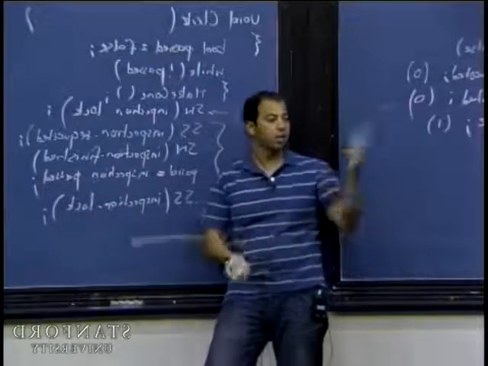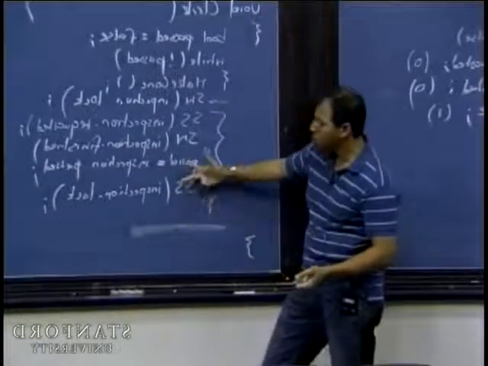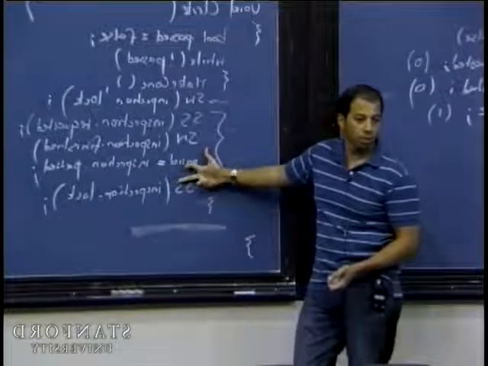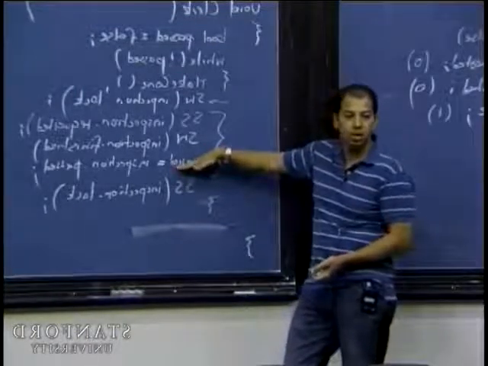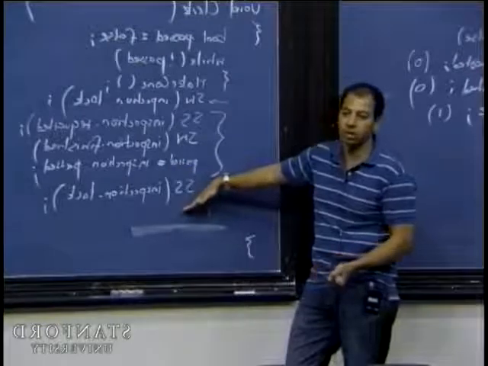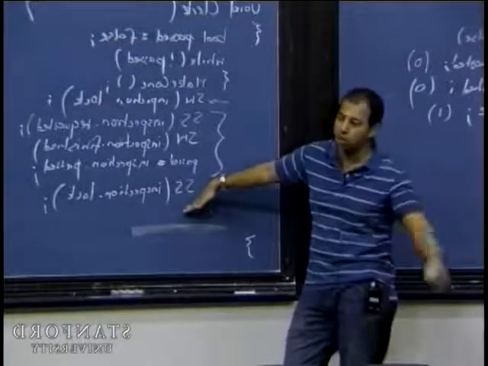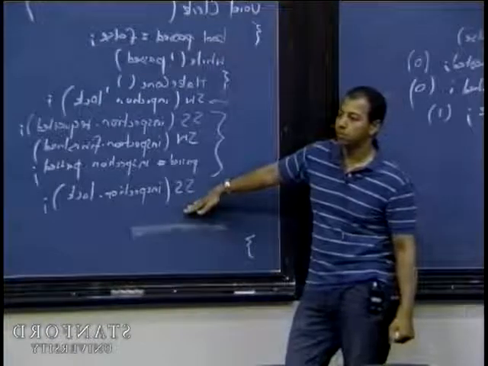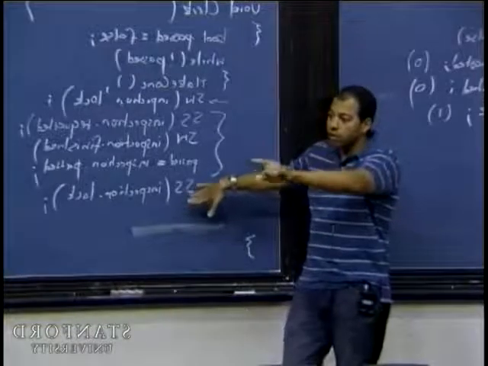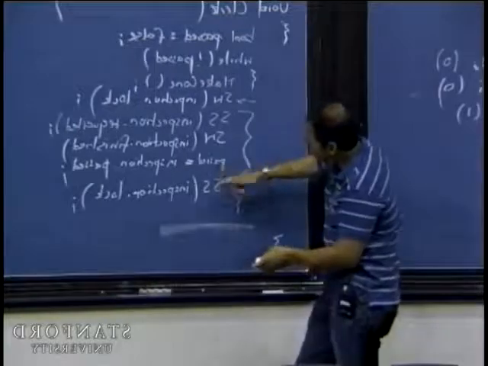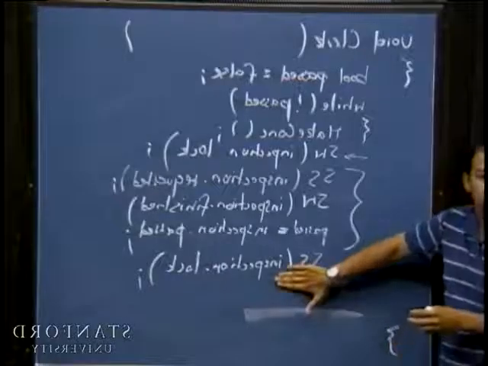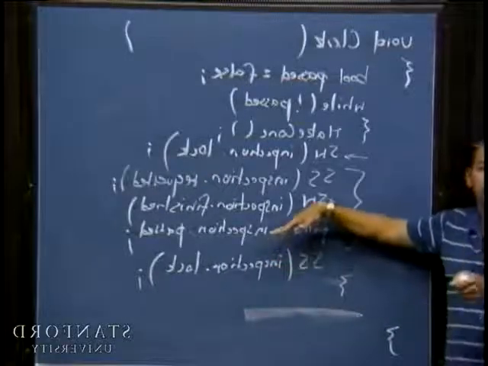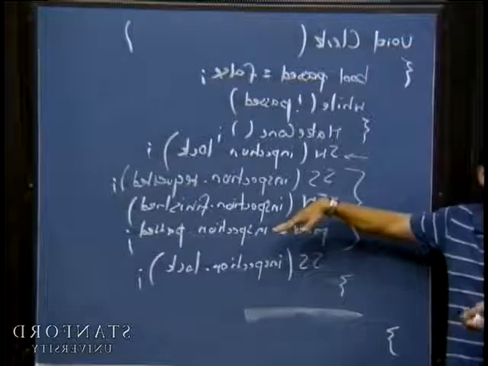Because potentially, let's think about it differently. What happens if you switch those two lines? What happens if we first signal the lock, basically release the lock, and then check the value of what's in passed? Potentially, you're not sure. What would happen is you could have the inspection.lock signaled, which means that the lock of the office of the manager is no longer locked and any other clerk could get in.